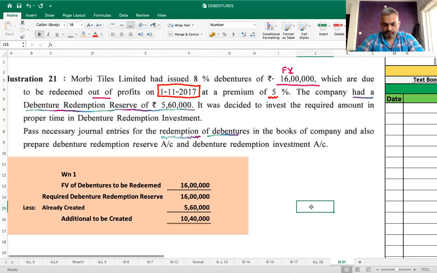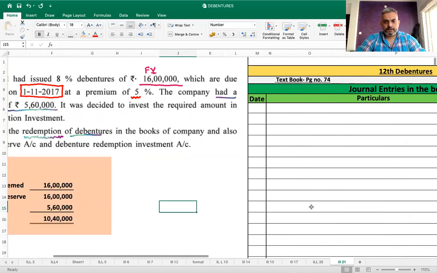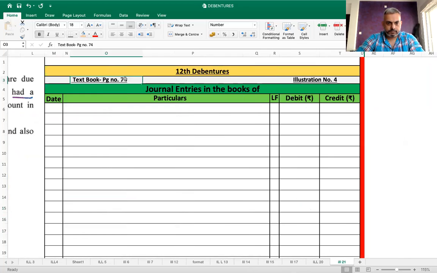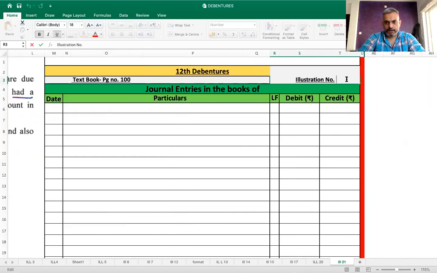And then let's write the heading. This is page number 100. Illustration number 21.